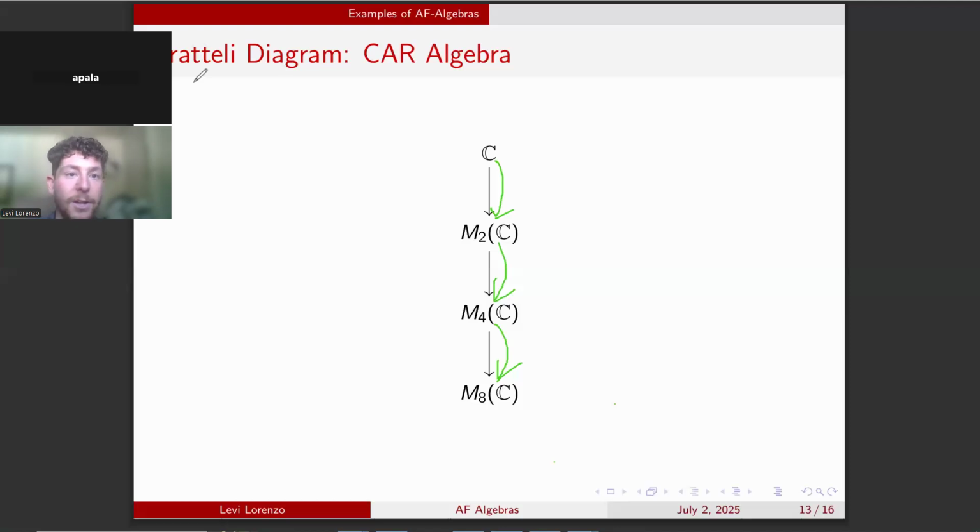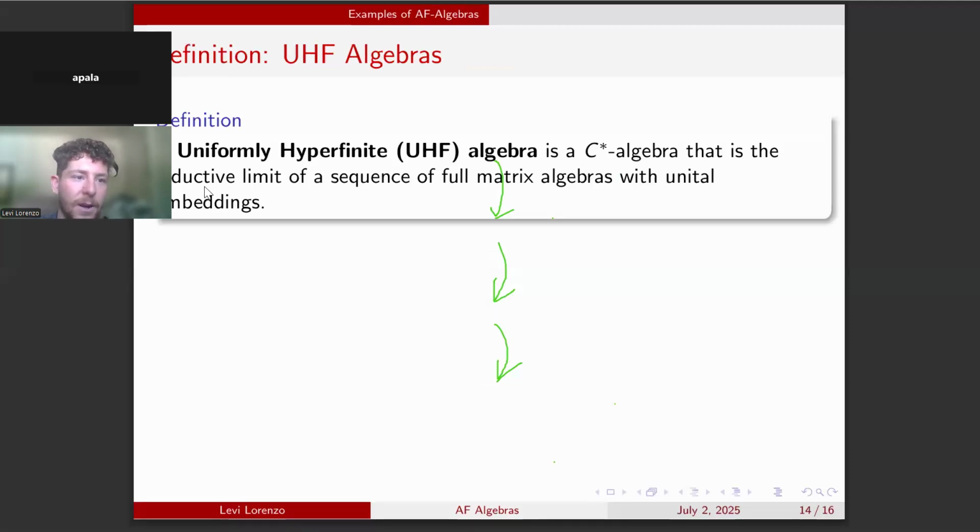Now, these CAR algebras are a nice example of a particularly nice class of C-star AF algebras called UHF algebras. These are uniformly hyperfinite algebras. These are AF algebras that are the inductive limits of a sequence of full matrix algebras with unital embeddings.